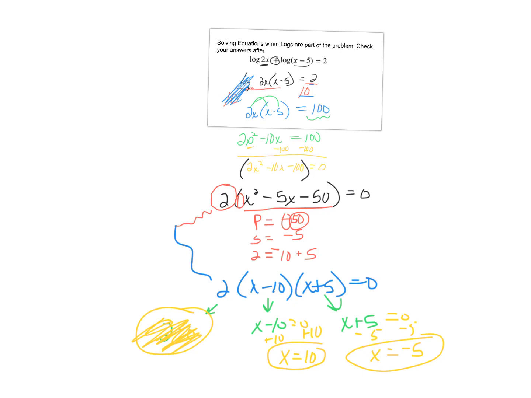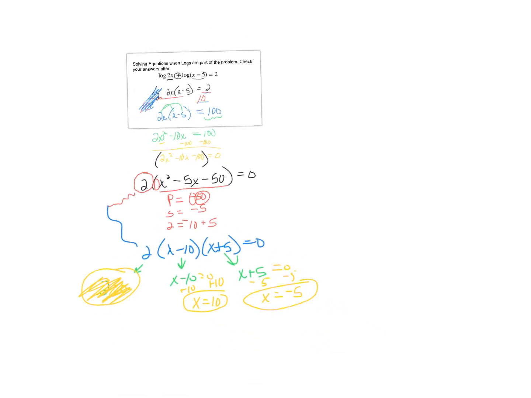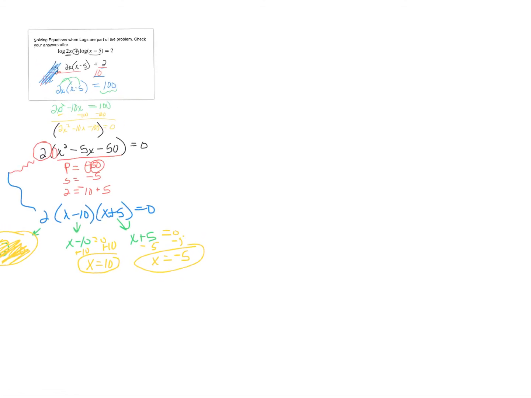All right. Now we've got two answers. I'm going to kind of scooch this over here a little bit so I have room over here to work. Now we have to go back and check these two solutions.